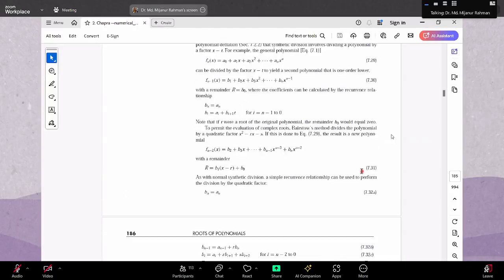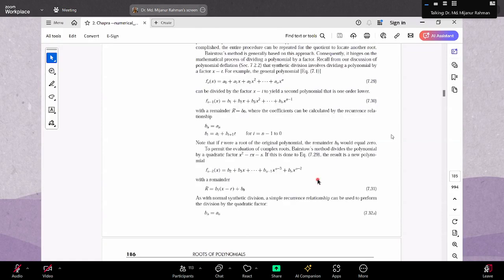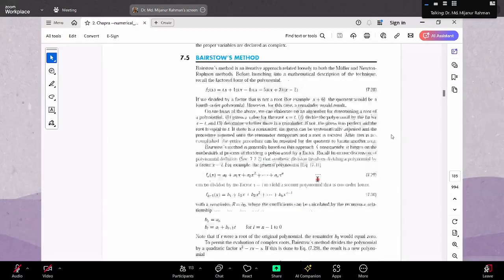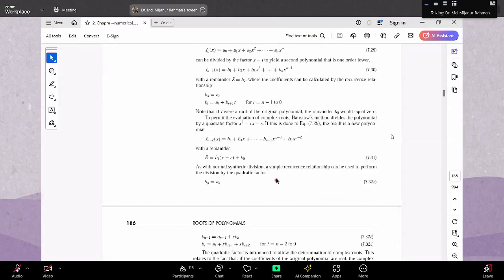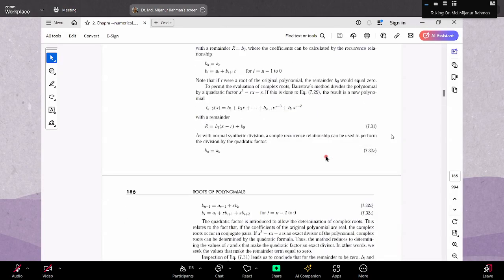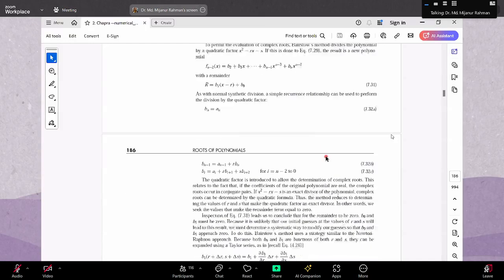Okay. So I am repeating the previous class. In the previous class we studied how a root is determined by using the Barrister method when the equation is a polynomial. It may be fourth order, fifth order, or more.